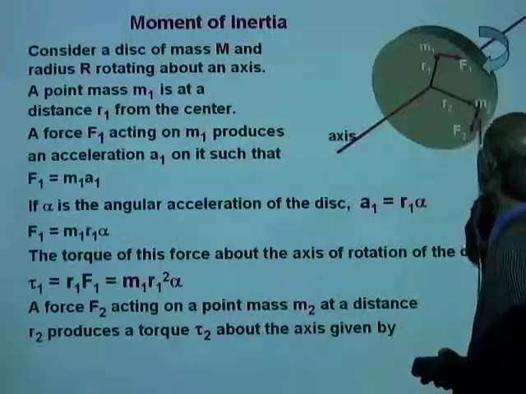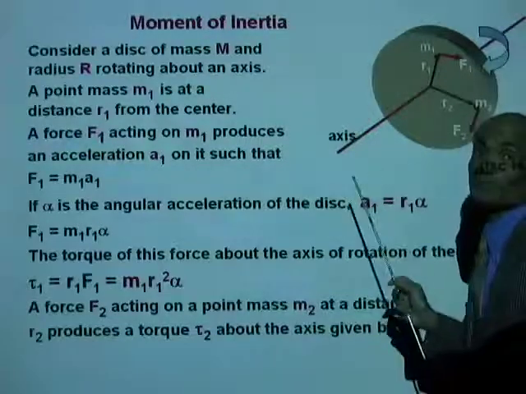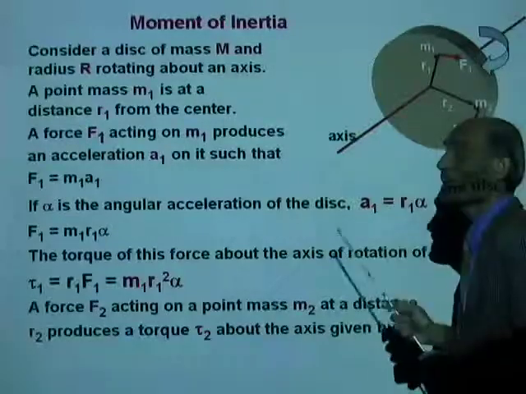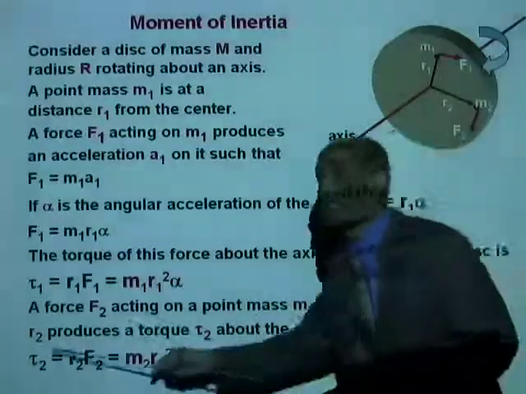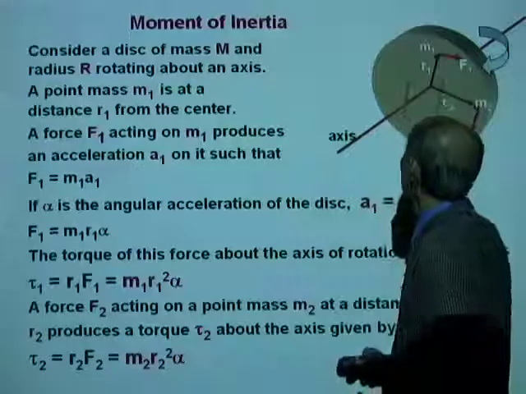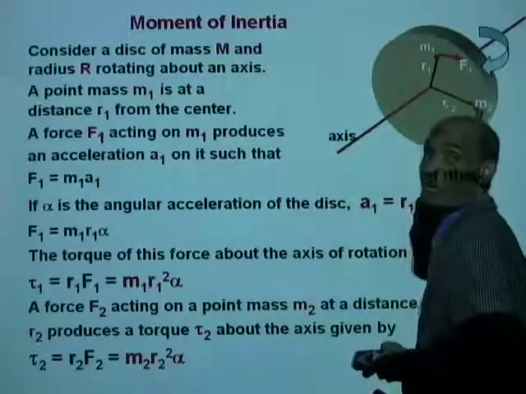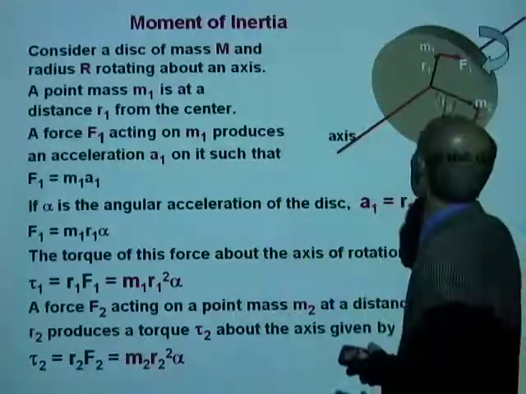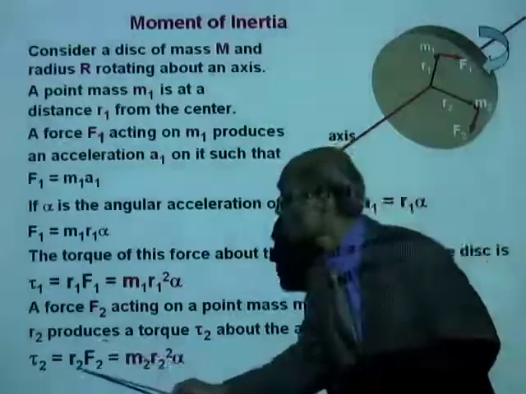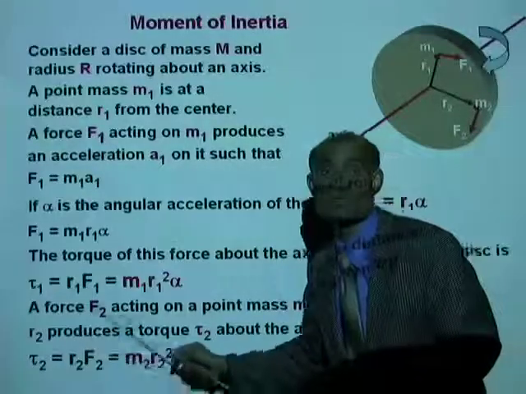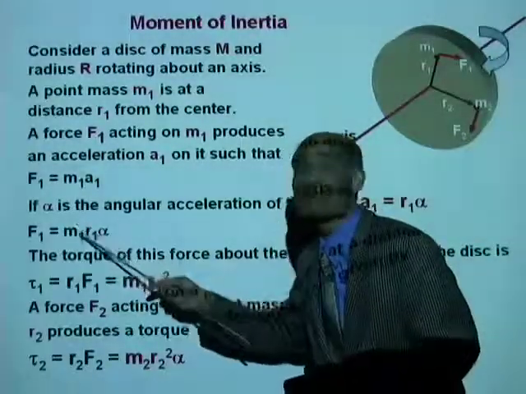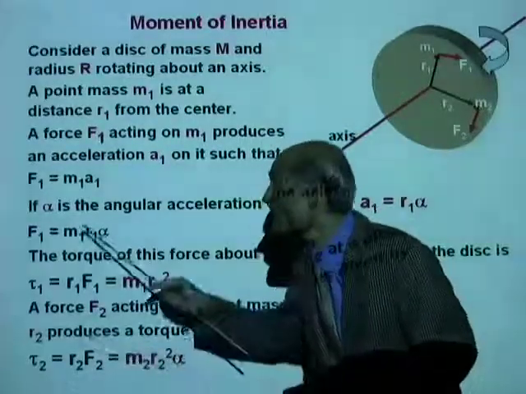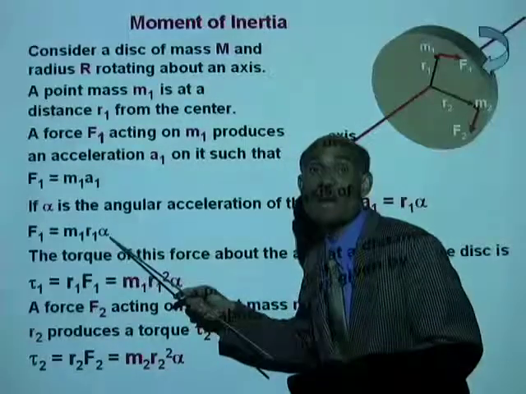What is the torque on this particle? It will be R2 multiplied by F2. Is that right? Tau 2, the torque on this particle, will be R2 times F2. And what is F2 equal to? If F1 equals m1 r1 alpha, then F2 will be m2 r2 alpha.